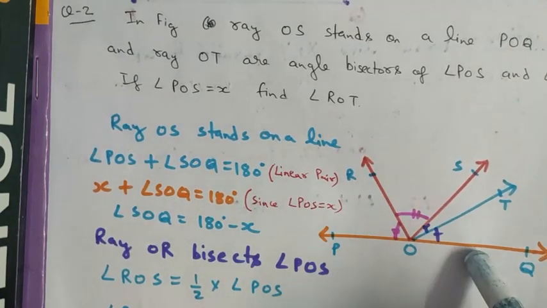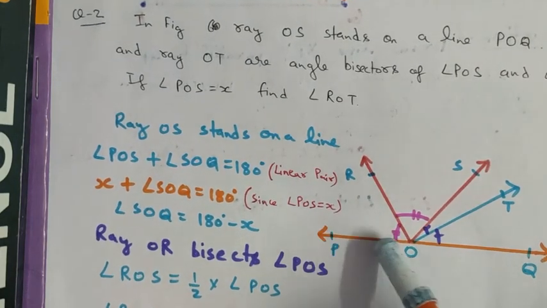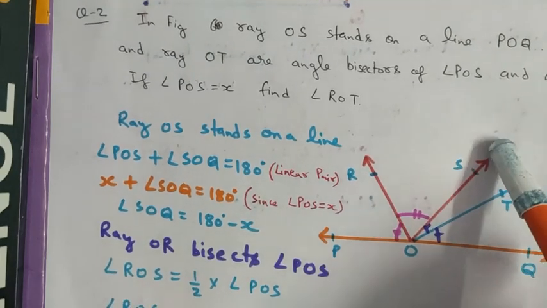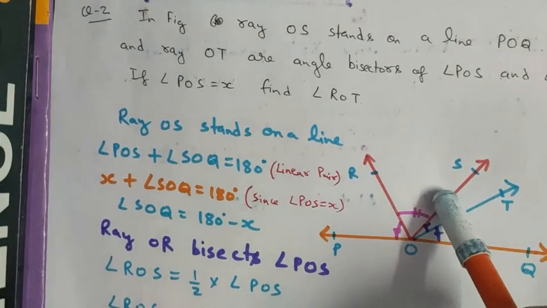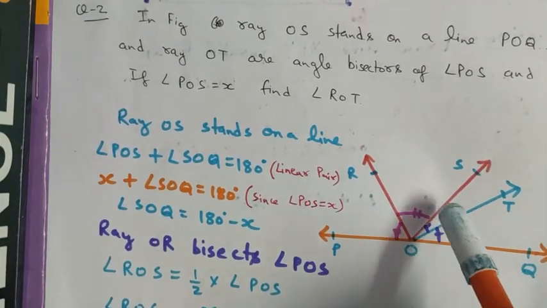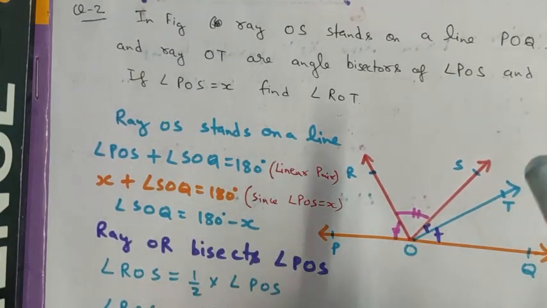The sum of these angles will be equal to 180 degrees. Again, angle POS and angle SOQ are linear pair angles, and the sum of these angles will be equal to 180 degrees.